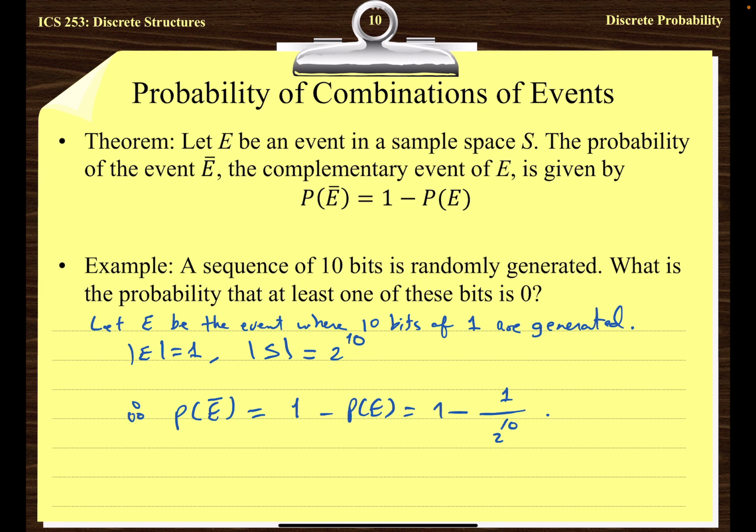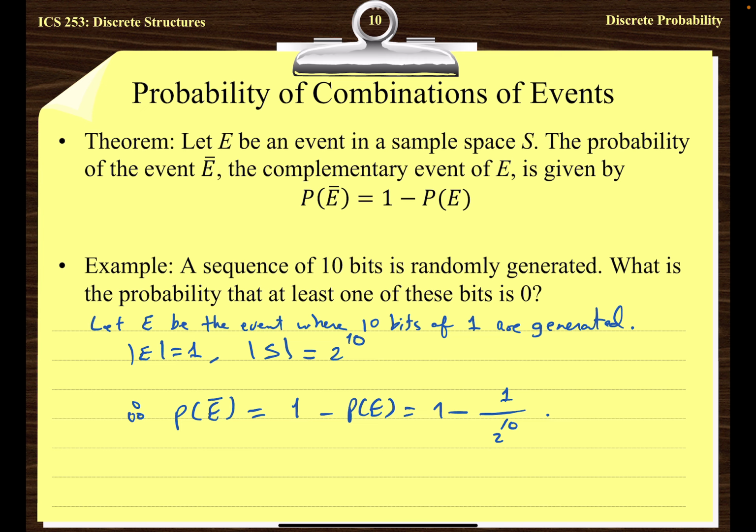Any questions? Yes. The complement would be 10 over 2 to the power 10. Because how 10? If you take 2 to the power 10 as a common factor, it becomes 2 to the power 10 minus 1 over 2 to the power 10, right?